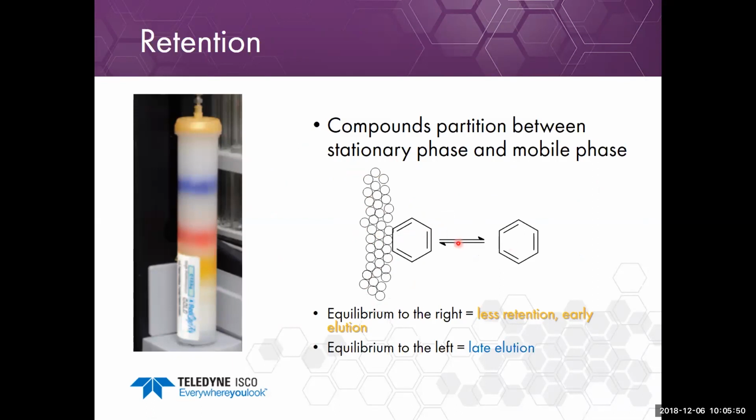Equilibrium to the right is less retention, and it's early elution, as you can see with the yellow compound over here. It spends more time in the mobile phase, so it runs down faster. Equilibrium to the left, as with the blue compound, is a late elution. It spends more time stuck on the stationary phase, so it doesn't move as much.